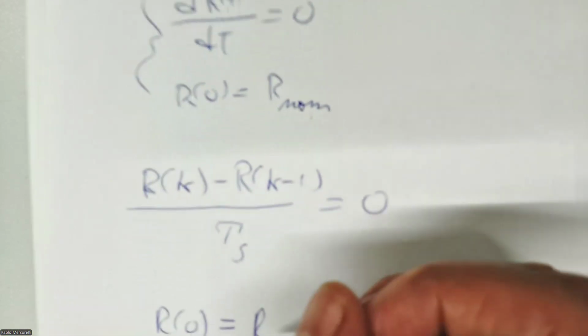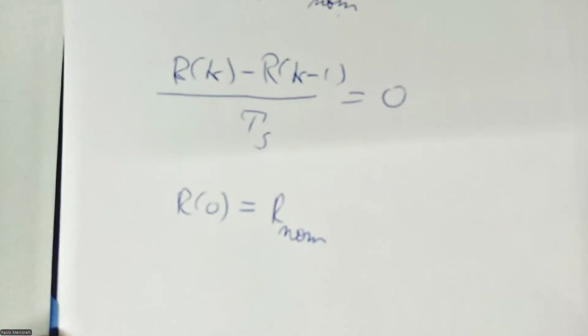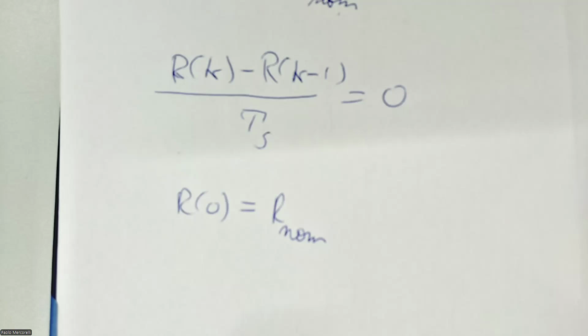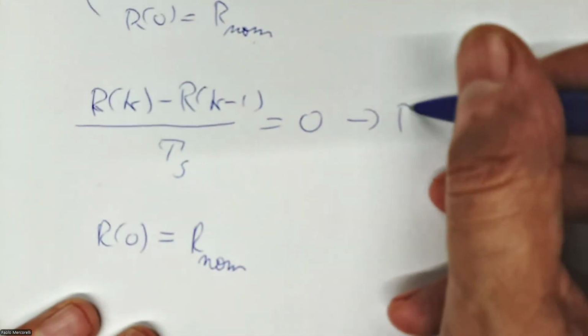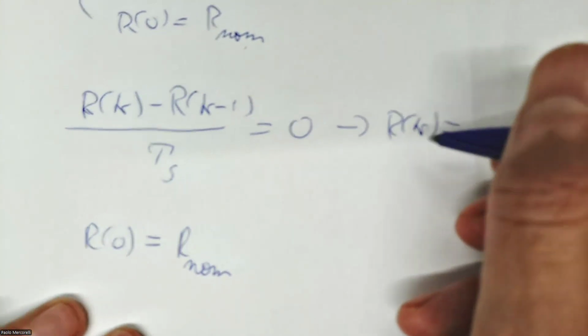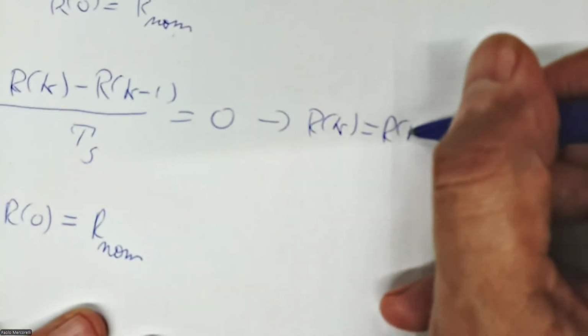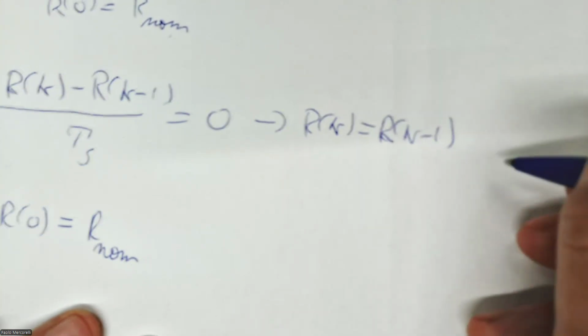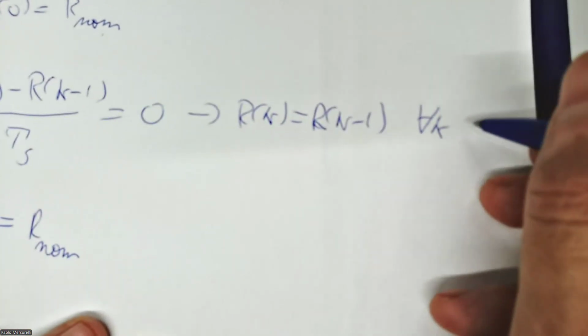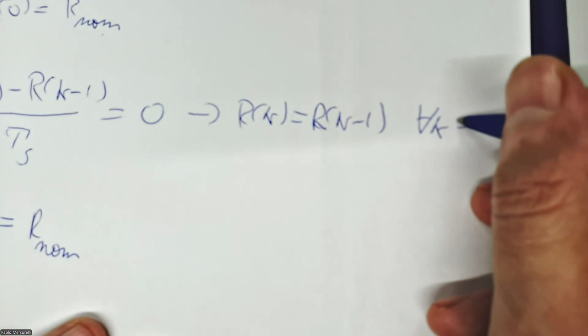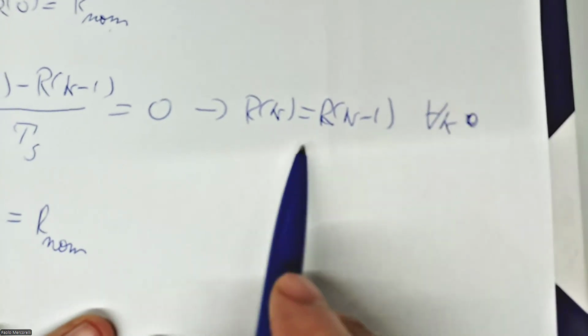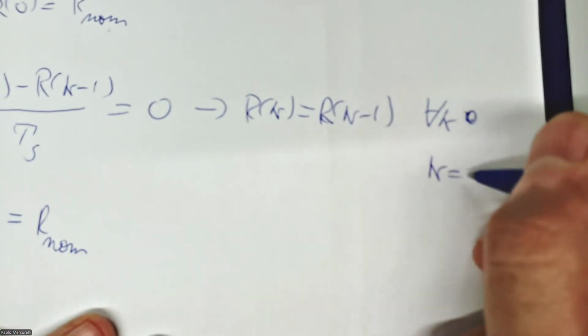R nominal means the value, no? R nominal means 10 ohm or 10. Don't think about the resistance. Now, from here, we have this R_k equals R_{k-1} for each k. K is starting from 1, excuse me.